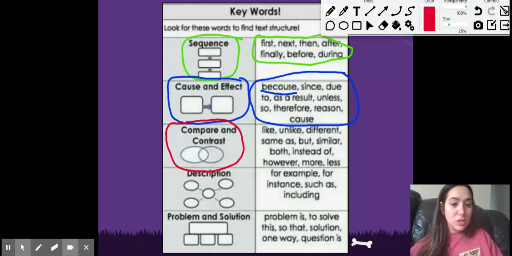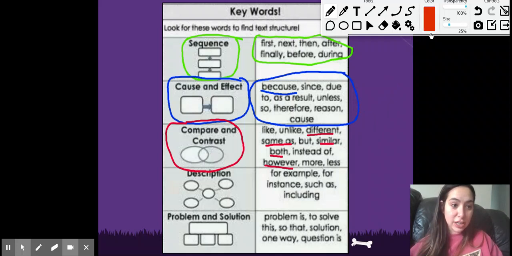And if they were going to do that, they would use words like different, like and unlike, the same as, similar, both. However is really popular in compare and contrast. So with compare and contrast, remember the author is telling you how two or more things are alike or different.